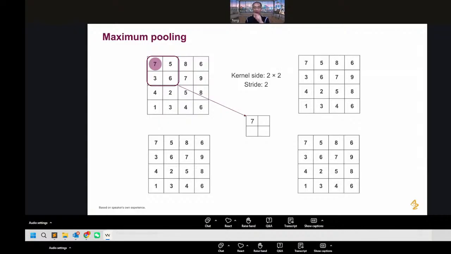This is called maximum pooling. It could be average pooling or something else, but here I'm using maximum pooling, the most common one. You take the 4 digits, and 7 is the biggest, so I put the 7 here, and then next is 9, 4 and 8. That is my pooling.